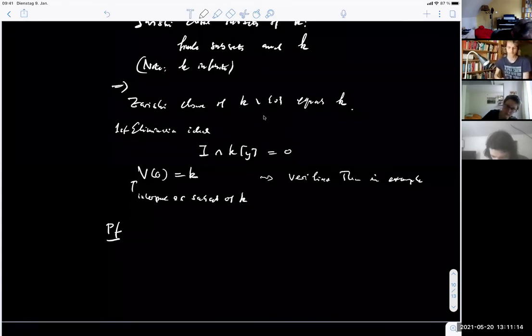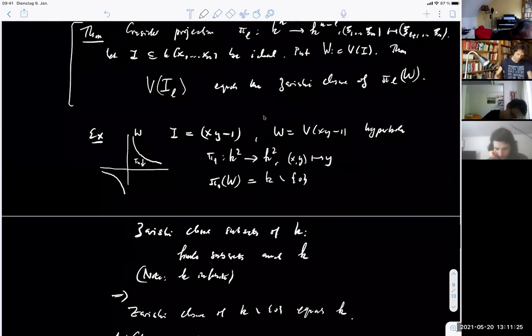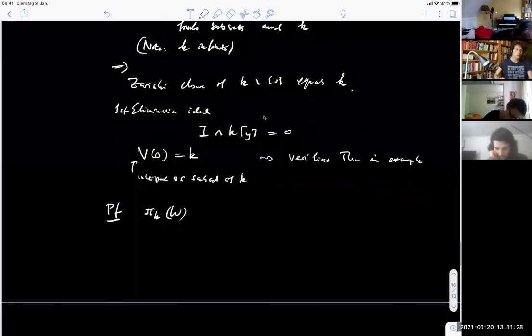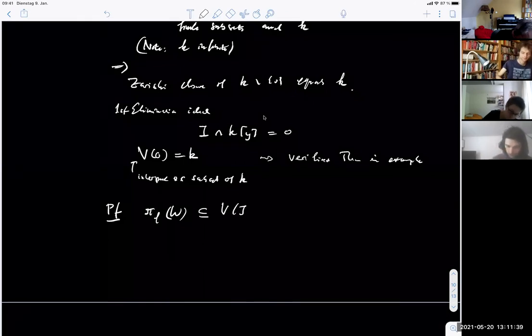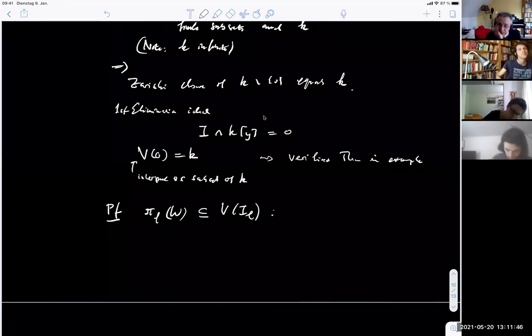So on the one hand, what do I want to prove? Pi L, this is an L, sorry. So I first note the image of W under the projection is in the 0 set of I_L. Okay, so why is that?